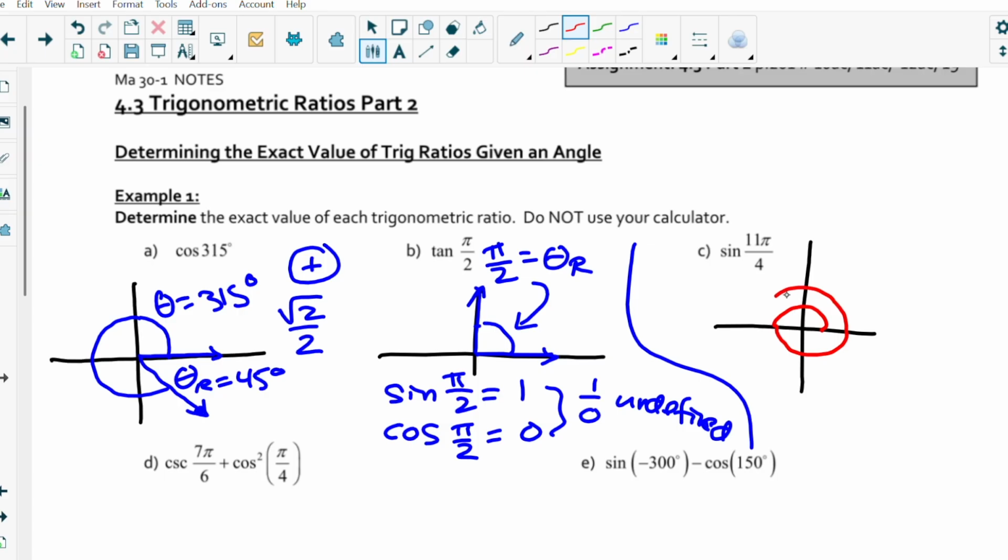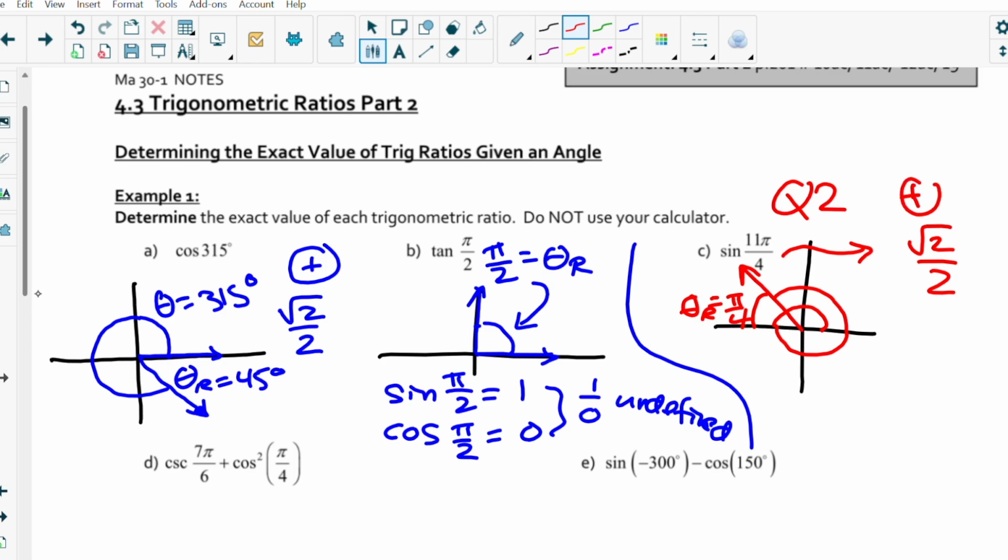I'm going to stop here. I can read that reference angle right here. That's going to be pi over 4, right? And the sine value is the y value. So sine of 11 pi over 4 is square root of 2 over 2. This is in quadrant 2, and we expect sine to be a positive value. So there you go.